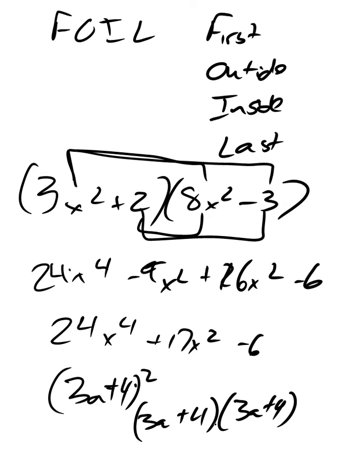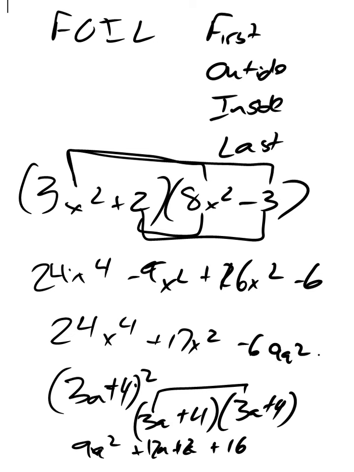When you multiply this out, you would get 9a squared, plus 12a plus 12a, plus 16. And so you end up with 9a squared plus 24a plus 16.